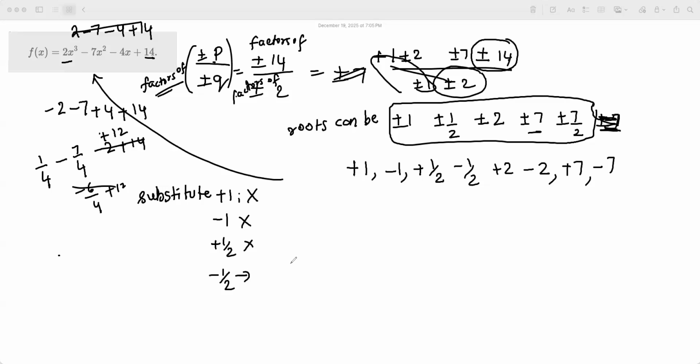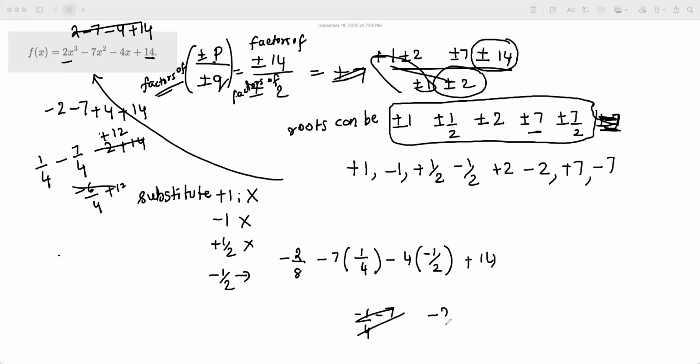Something feels so wrong to me. Let's see. 2 by 8 minus 7 by 1 by 4 minus 4 times minus 1 by 2 plus 14. Let me do it and see. Minus 1 by 4 minus 7 by 4. So this becomes a minus 2. Fine. Then you will have a plus 2.